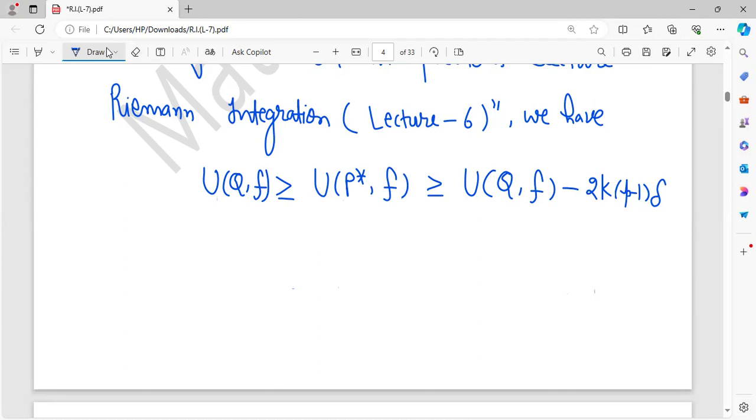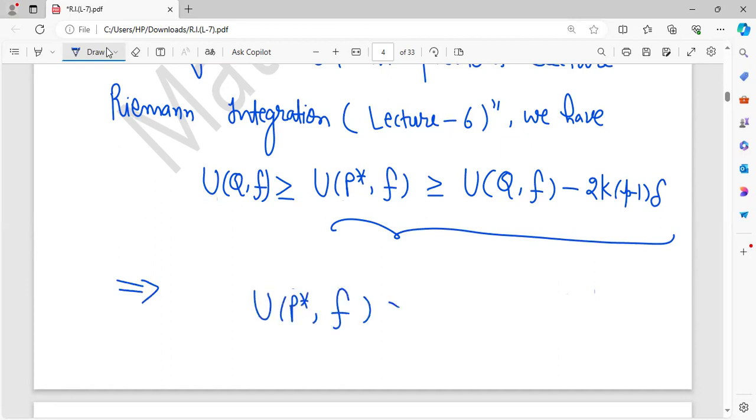So we'll take only this part. So this implies U(P star, f) is greater than U(Q, f) minus 2k(p minus 1) delta.